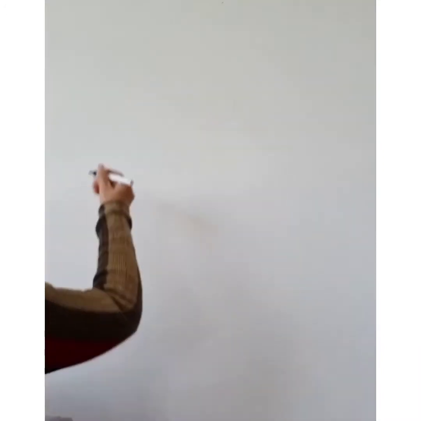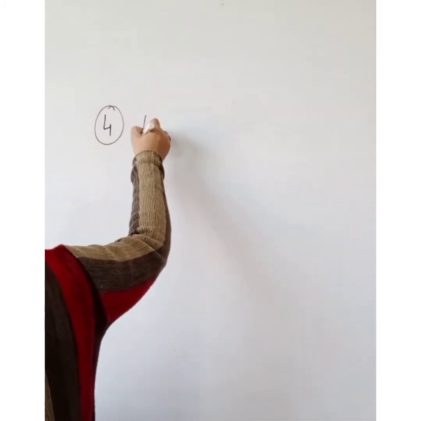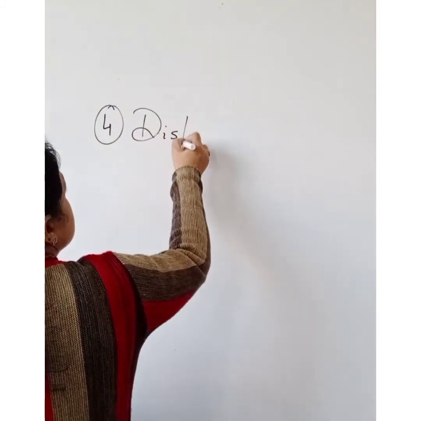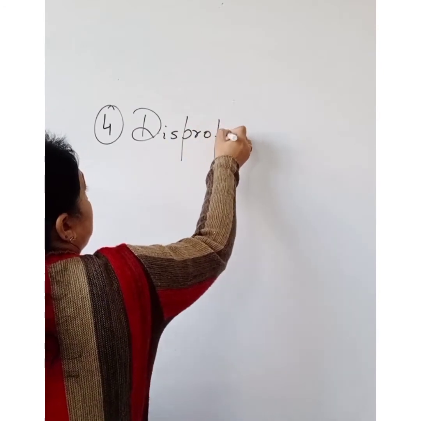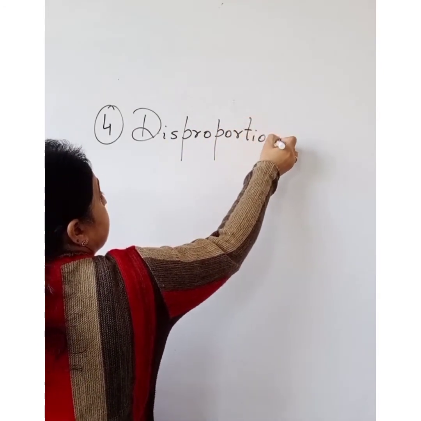Displacement reaction: on the basis of reactivity series, when a more reactive element displaces a less reactive element from the salt solution, then such type of reaction is known as a displacement reaction. Let us proceed further to explain the 4th type of redox reaction, that is disproportionation reaction.